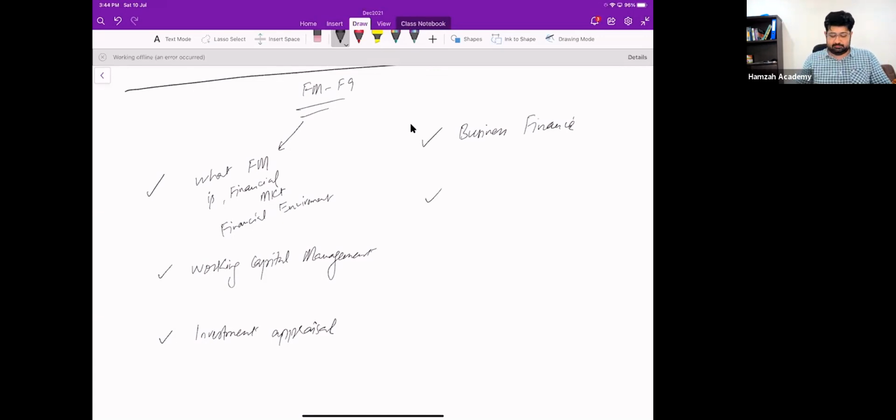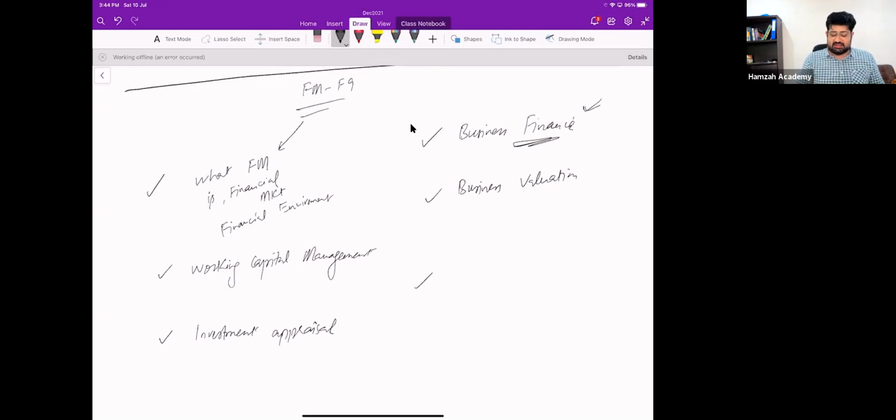Next is business valuation. How to value a running business. The dividend policy also falls under the financing decision. What are the different ways to value a business, and the pros and cons of each method.